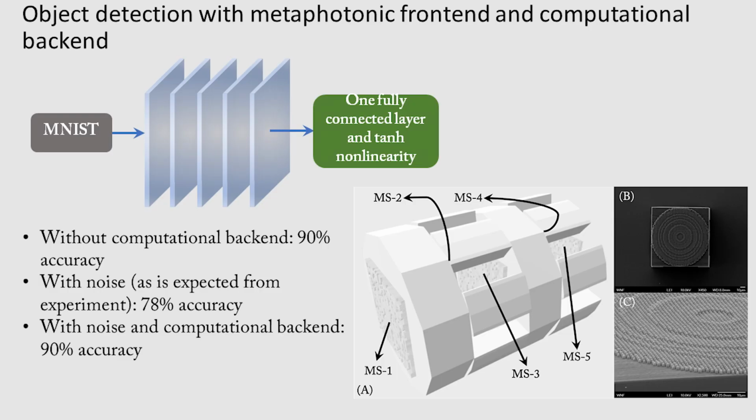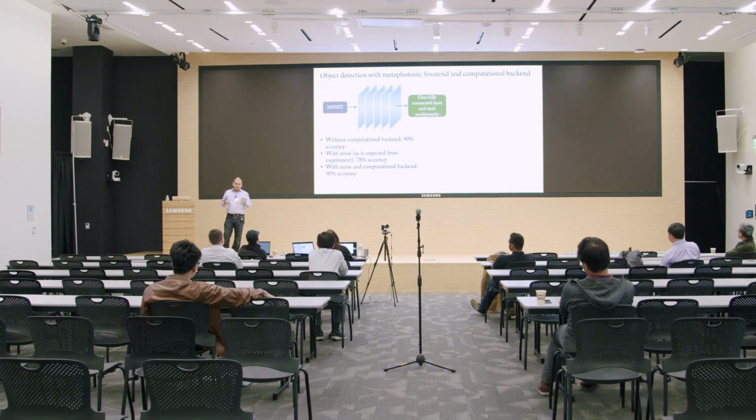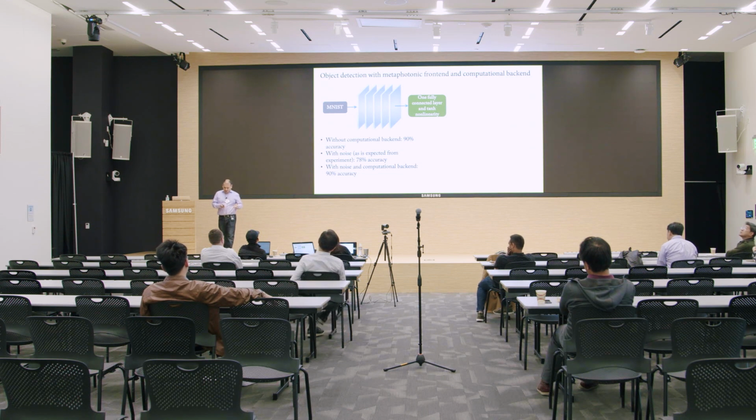But it turns out that once you start adding noise, the noise is that each of the scatterers that we are making has a 10% fabrication error, which is going to happen for optics. I think that's a big difference between terahertz and optics. In terahertz, everything is much bigger, so you don't need to incorporate this kind of fabrication imperfection, but for optics, we have to. Once we do that, our computational accuracy goes down significantly. But then, if we add this computational backend, we can get up to 90% accuracy.